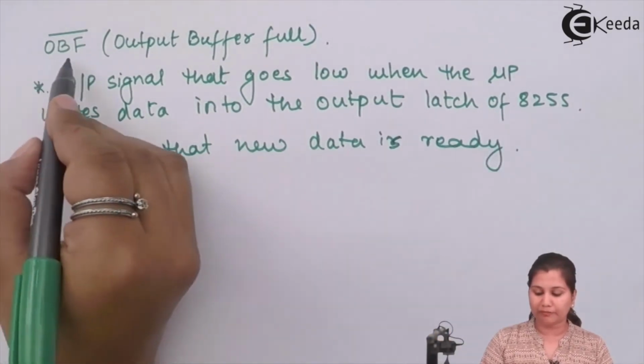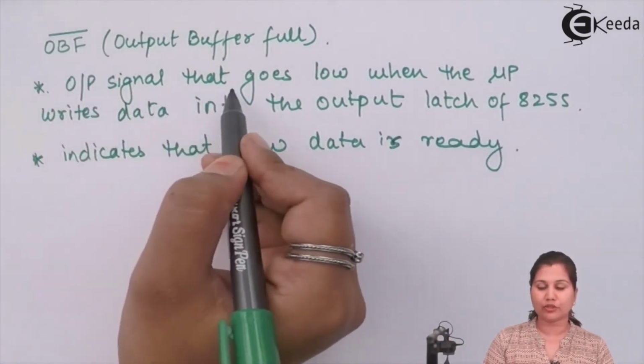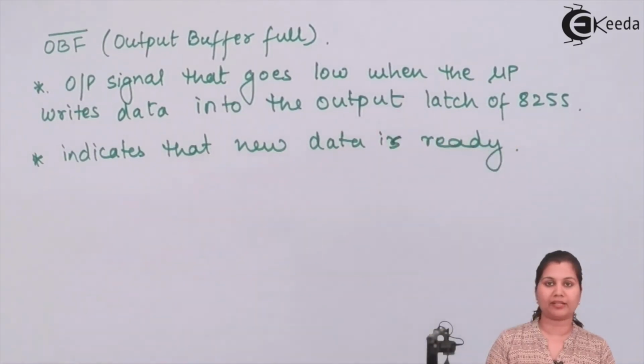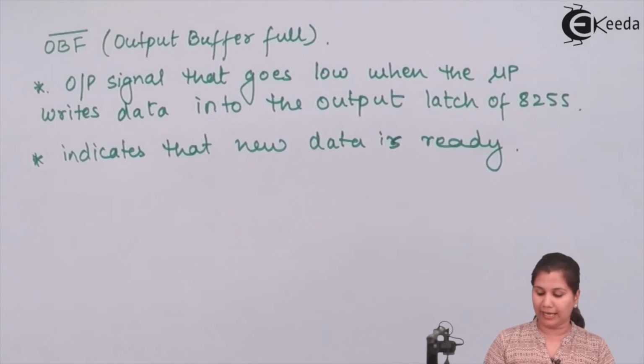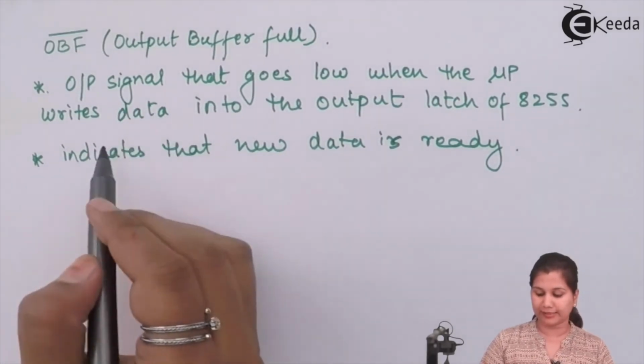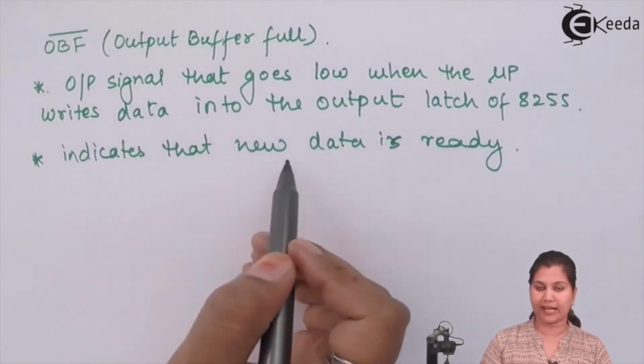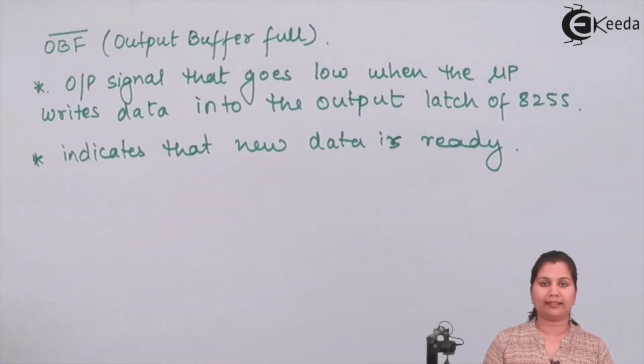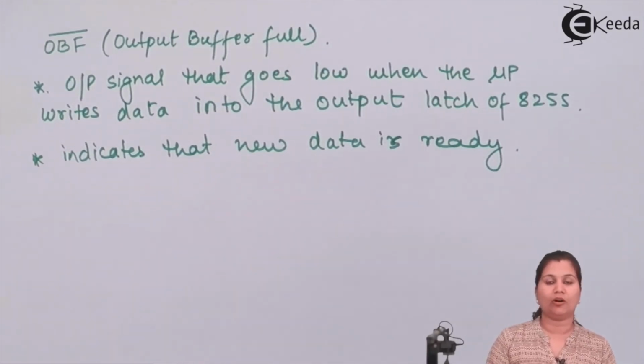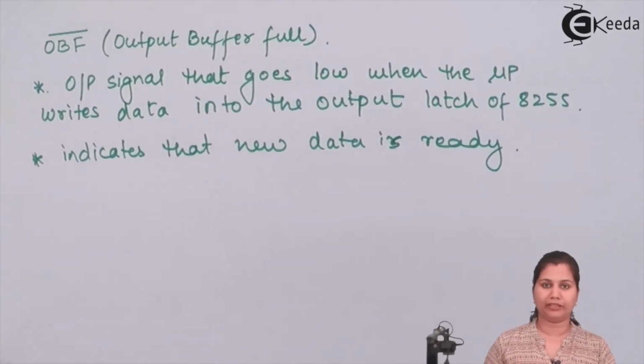This output buffer full is an output signal which goes low when the microprocessor writes data into the output latch of 8255, and if it is low, it indicates that new data is ready and can be sent to the peripheral device connected to 8255.